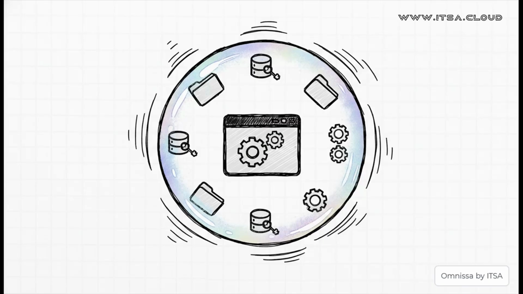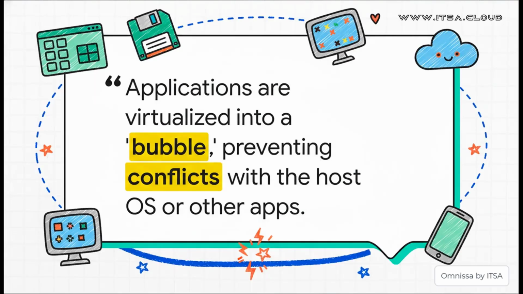ThinApp literally puts your entire application, all its files, all its weird little settings, inside its very own protective bubble. This bubble creates total isolation. Inside of it, the application is perfectly happy. It thinks it's running on its original operating system, like Windows XP. It has no idea that the modern world of Windows 11 is right outside. And because of that, there are absolutely no conflicts.